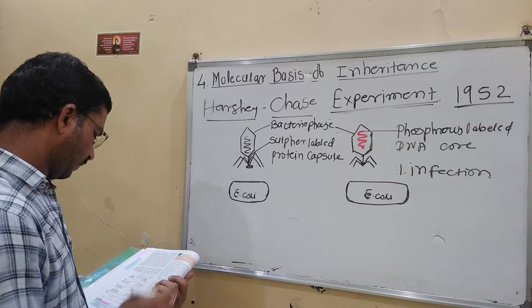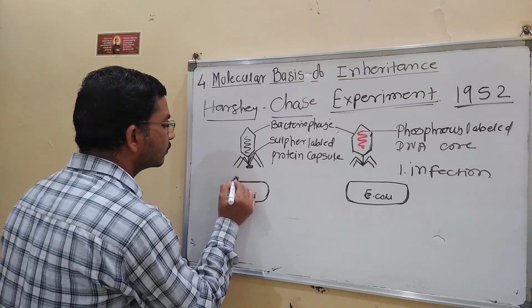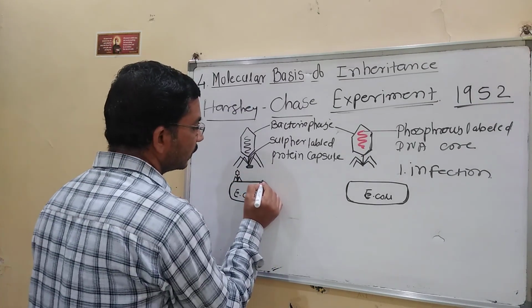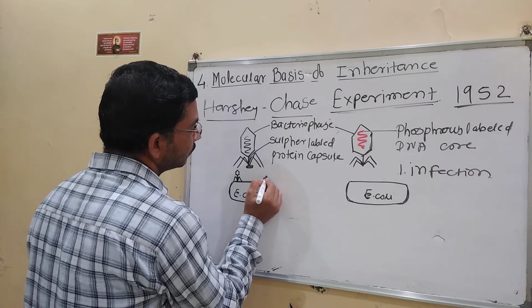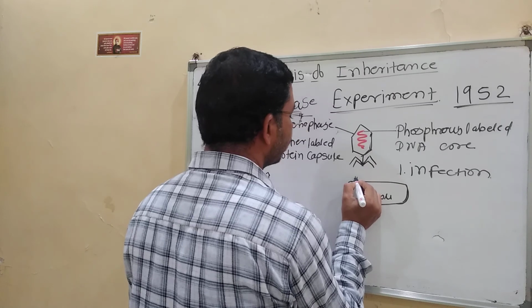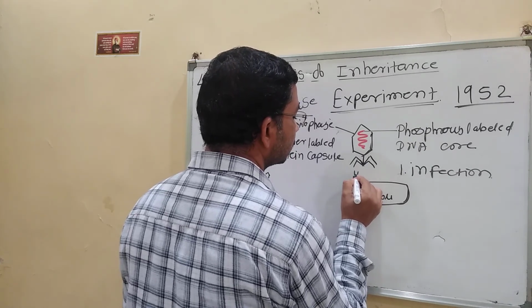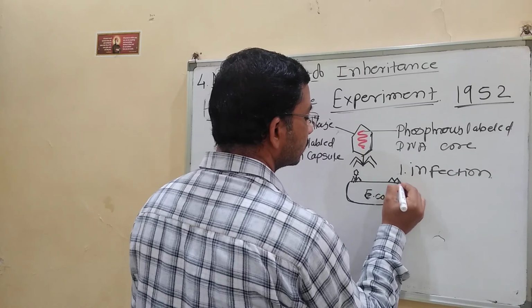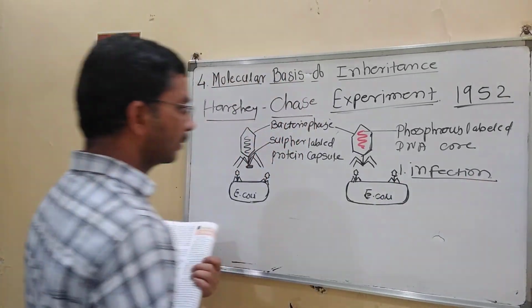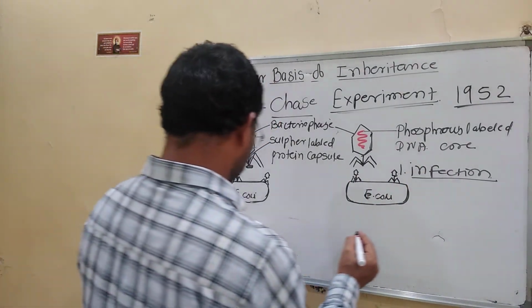Here is the E. coli bacteria, and this is the infection. The second step is blending.